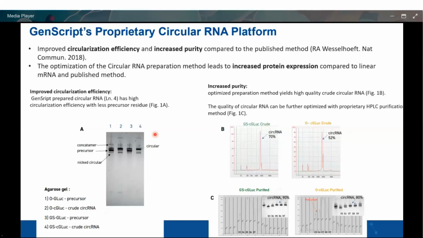The optimization of the circular RNA preparation method can lead to increased protein expression compared to the linear mRNA and also the published method.